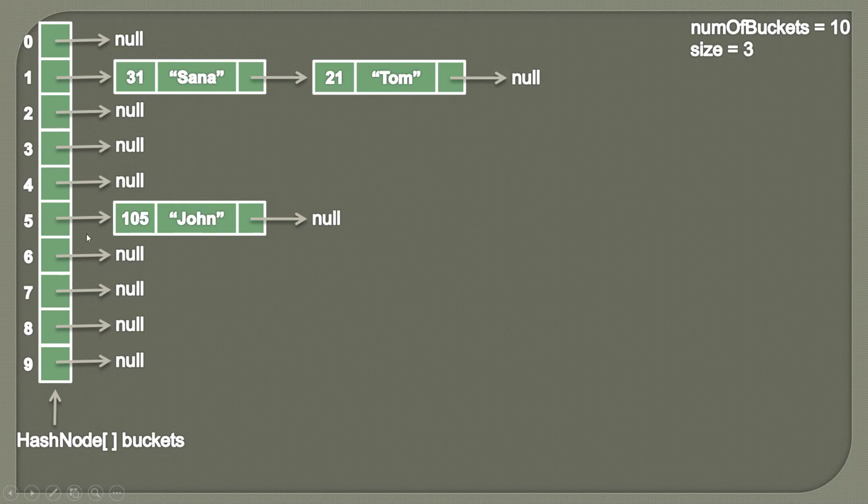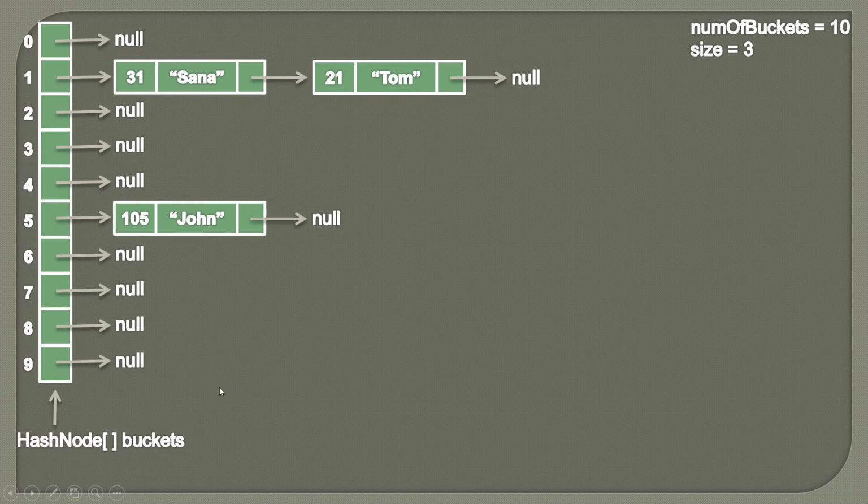After storing these values in the form of chains, one question arises: how can we get a value corresponding to a key, and that too very fast? Storing is easy. As we discussed, the way we put the key value pair into the hash table using the hash function, the same way we use the hash function to deduce the index and search for a key. Here you can see that size is 3.